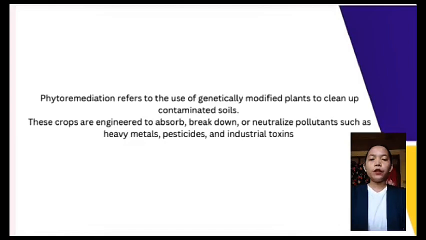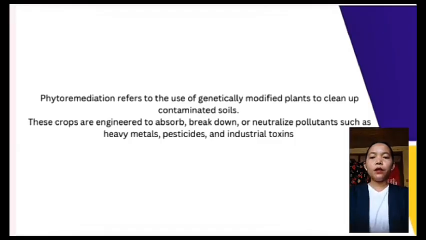Phytoremediation refers to the use of genetically modified plants to clean up contaminated soils. These crops are engineered to absorb, break down, or neutralize pollutants such as heavy metals, pesticides, and industrial toxins. By doing this, phytoremediation helps restore contaminated land and makes the environment safe for all.